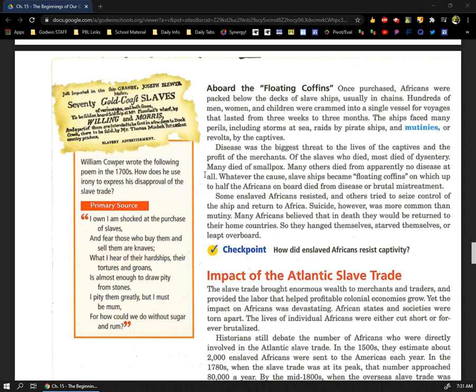Some enslaved Africans resisted, and others tried to seize control of the ship and return to Africa. Suicide, however, was more common than mutiny. Many Africans believed that in death they would be returned to their home countries, so they hanged themselves, starved themselves, or leapt overboard. Checkpoint. How did enslaved Africans resist captivity?